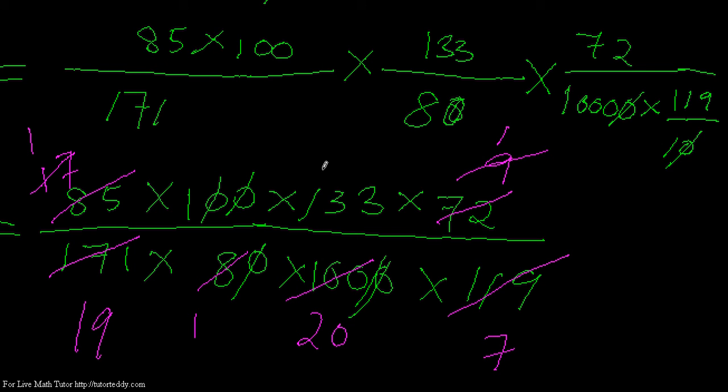Remainder is 8, 9, 10, 11, 12, 13, 63. Yes, right. So 7 and 133 are both divisible by a common factor. That is 7 ones are 7, and this is 7 ones are 7. 7 nines are 63. Okay, and then you can see 19 here and 19 here both get cancelled. And what else am I left with? I can see 20 here.